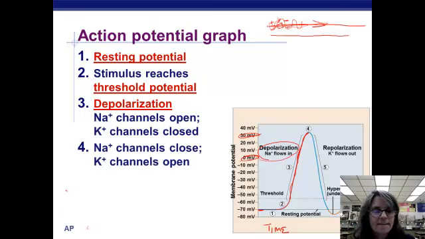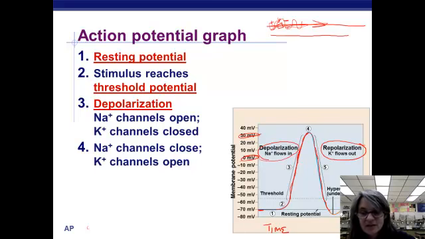Now, on the other side of this hill, as the potassium channels open, we begin to repolarize the membrane. So we're pushing out, or actually allowing to flow out, these potassium ions, and so we're losing positive charge on the inside, bringing it back down to negative 70.